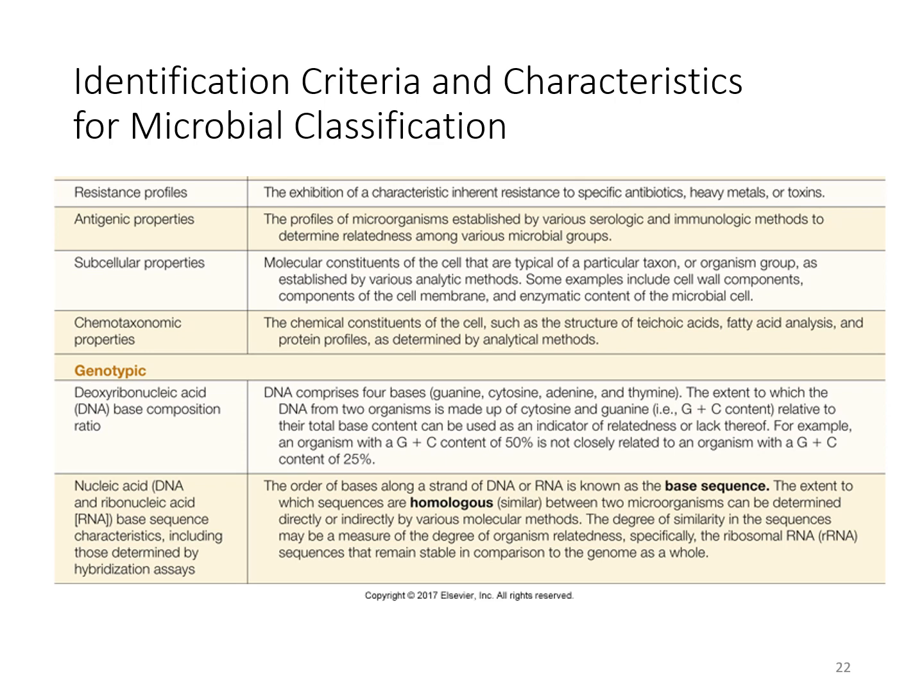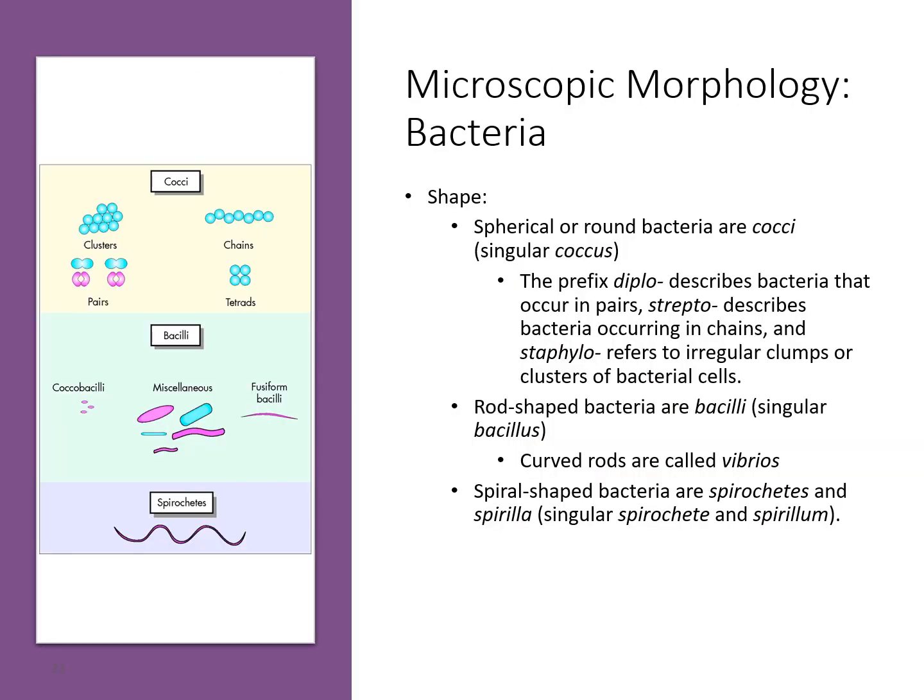So there are a lot of things that you could use within the micro lab to help you determine what a particular organism is. One of the main things that you will do in micro to help you differentiate the different bacteria is to look at it under the microscope. With this, one of the things that you're looking for is the shape of the bacteria. If the bacteria is round or spherical, we call this cocci.